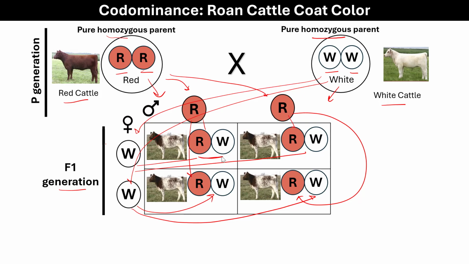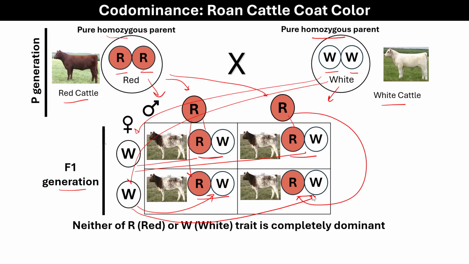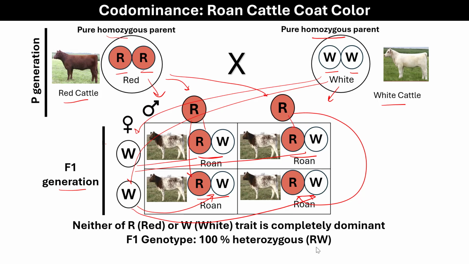So they all end up having the same genotypic ratio. So genotypic ratio in all these is RW 100%, but what is the phenotypic ratio? All of these have coexistence of red and white coat.